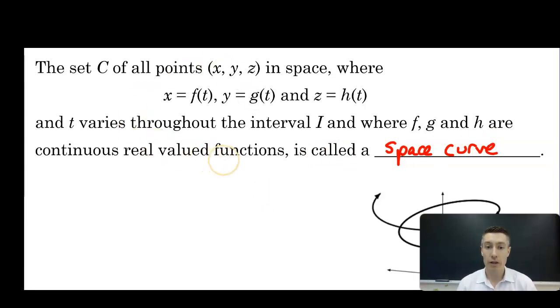As far as this definition is concerned, the important part here is that we are going to think about graphing a vector function the same way we graphed parametric equations in calculus. So we're going to think of the x value to be the component f of t, y will be g of t, and z will be h of t. And then the interval, if they tell us a domain, we'd only graph on the domain.